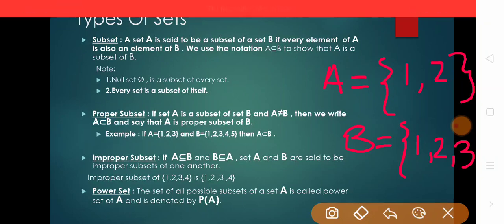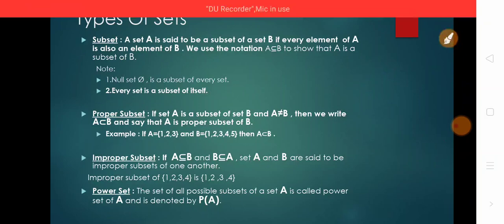Just look here. All the elements of set A are present in set B. If all the elements of set A are present in set B, then set A is said to be a subset of set B, if every element of set A is also an element of B.